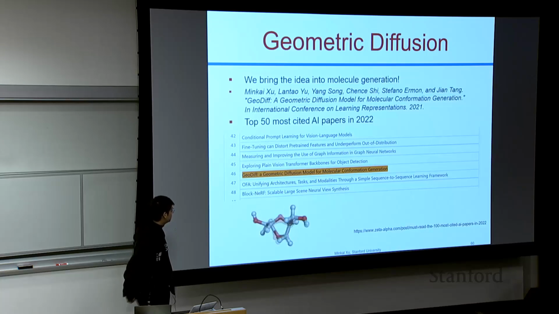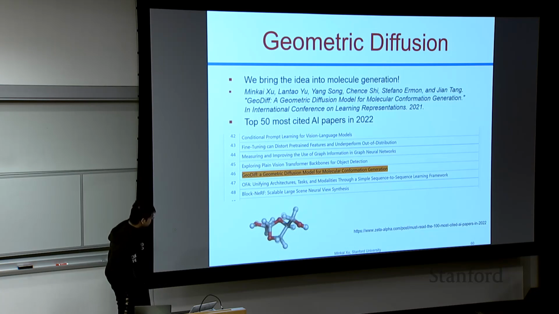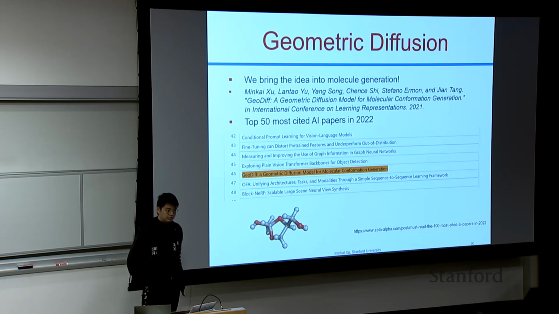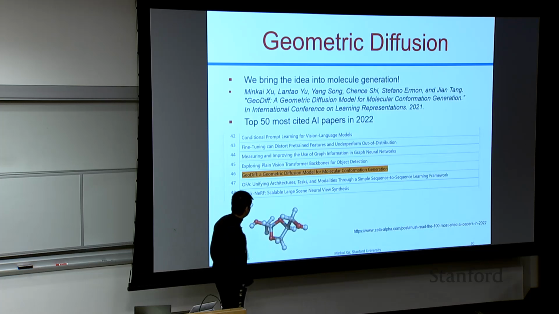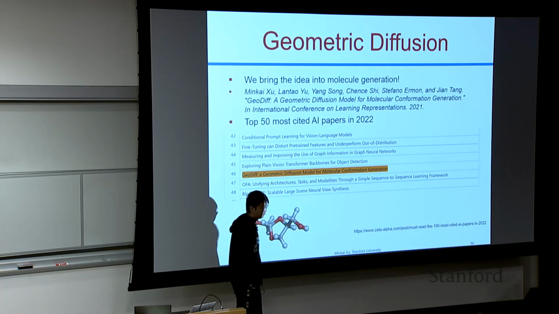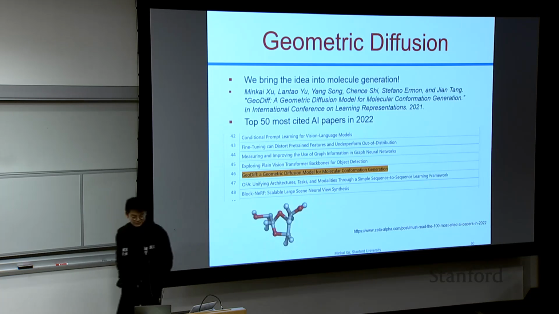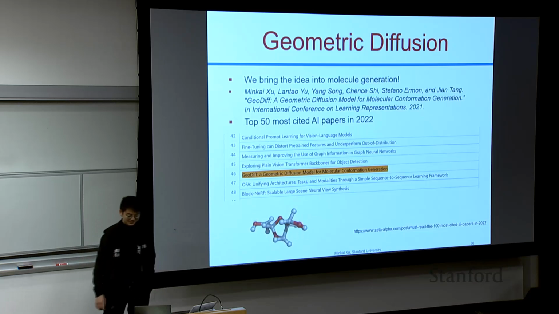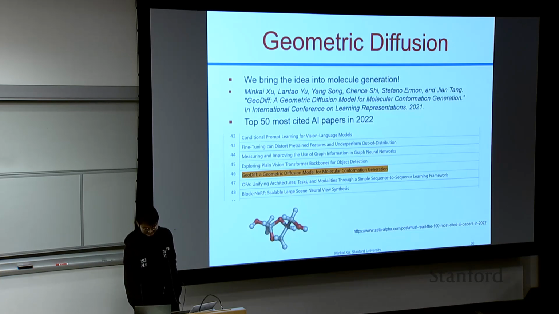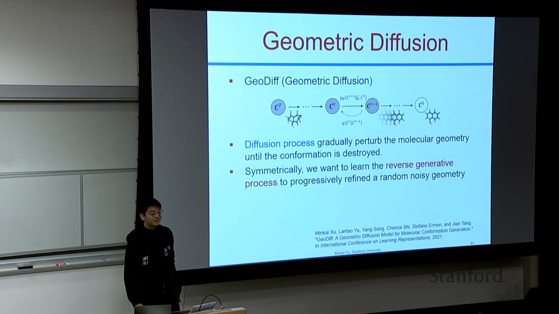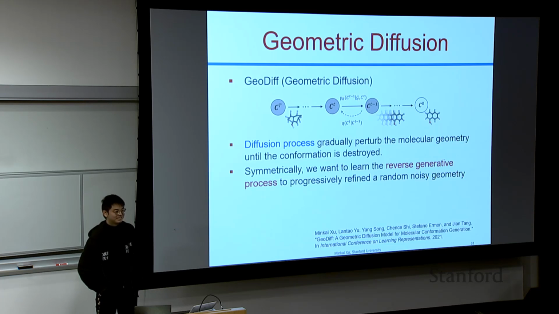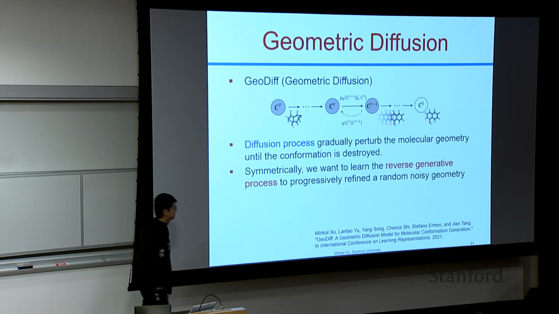And this is our paper. We extend the idea of diffusion models from typical images to also geometry. And I'm very happy it is a top 50 most cited paper in 2022. I just want to highlight that it's a promising direction and an exciting research field.